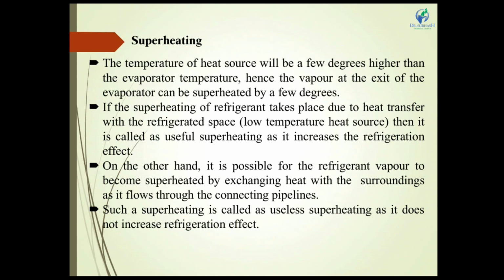On the other hand, it is possible for the refrigerant vapor to become superheated by exchanging heat with the surroundings as it flows through the connecting pipeline. Such superheating is called useless superheating, as it does not increase the refrigeration effect.